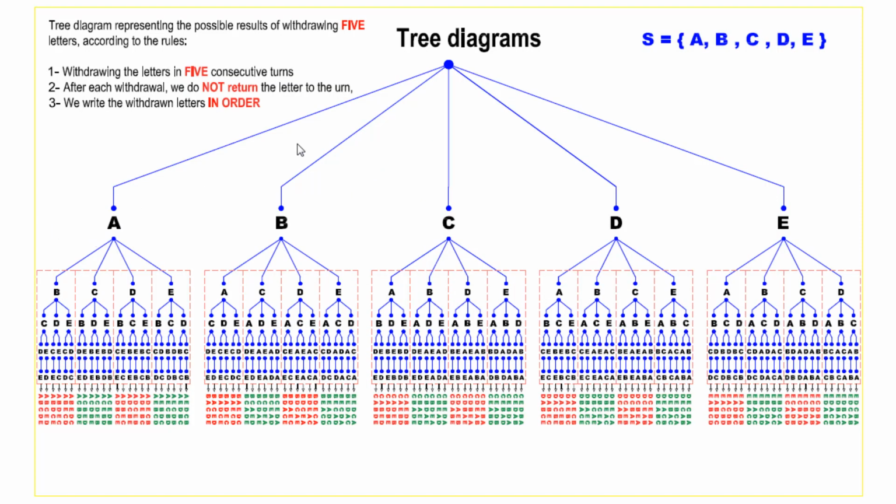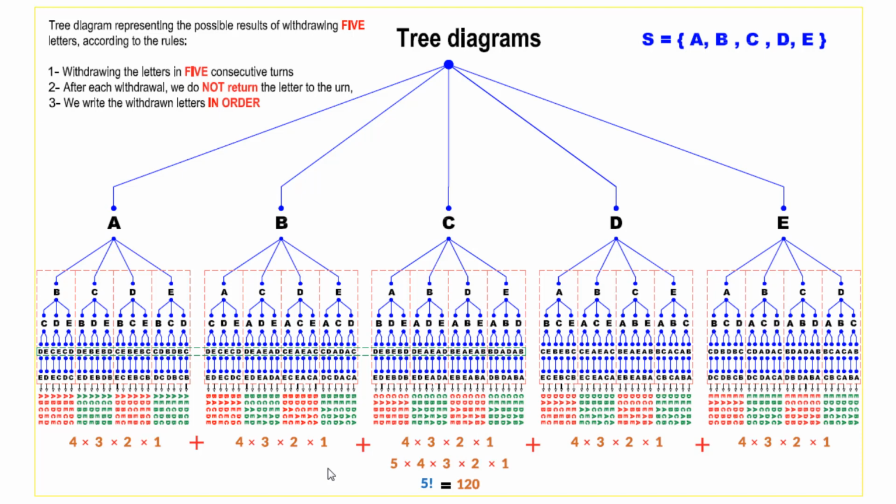So going back to the whole tree diagram, we have all possible ordered words, and now we have to count them. For each subtree, we have 4 times 3 times 2 times 1 possible outcomes. For all the subtrees, we add them together and we get 5 times 4 times 3 times 2 times 1, which is 5 factorial, and this is equal to 120.